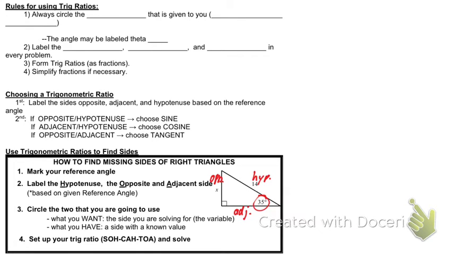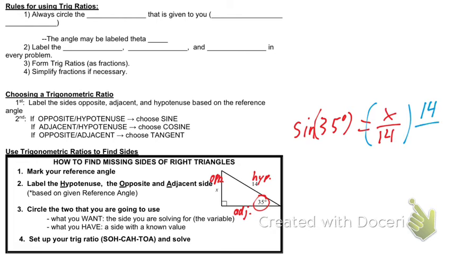So we set up the ratio: sine of 35 degrees is equal to the opposite, x, over the hypotenuse, 14. How do we get x by itself? We multiply both sides by 14, and we end up getting 14 times the sine of 35 degrees is equal to x.